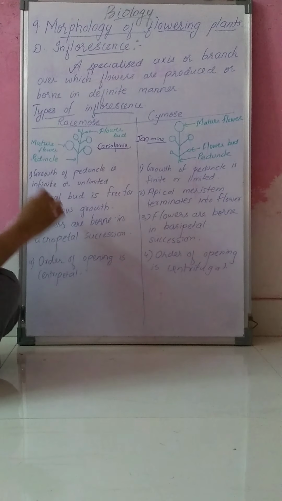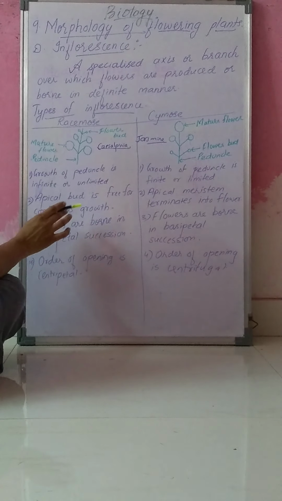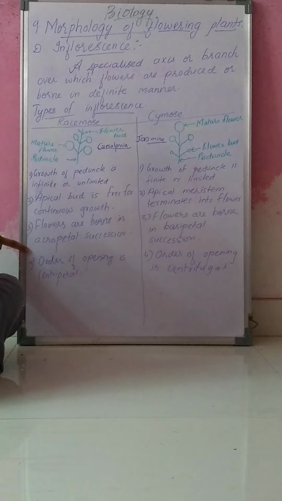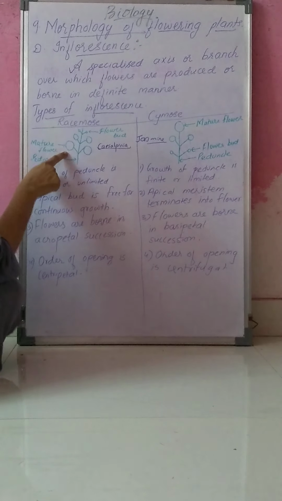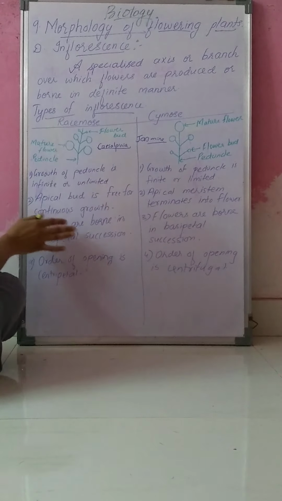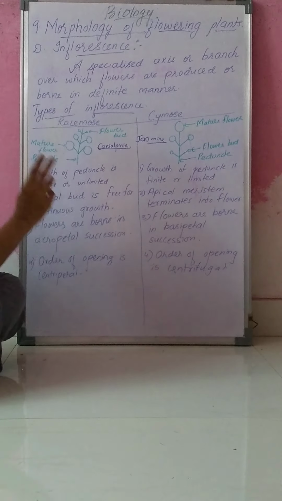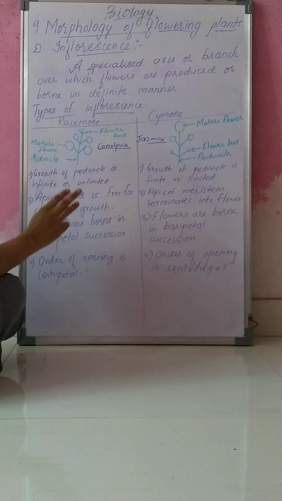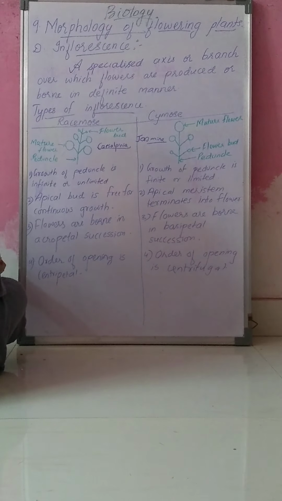If this question is for 2 marks, then you can write any 4 points. Any 4 points means these 4, or you can write example as your 5th point, and 6th point is your diagram. So out of these 6 points you can write any 4 points if the distinguish question comes for 2 marks. But if the distinguish question is for 3 marks, then you have to write all these 6 points. Means diagram should also be included if this answer is for 3 marks.